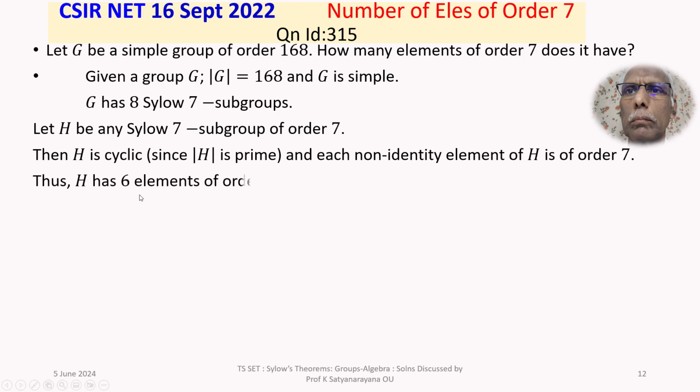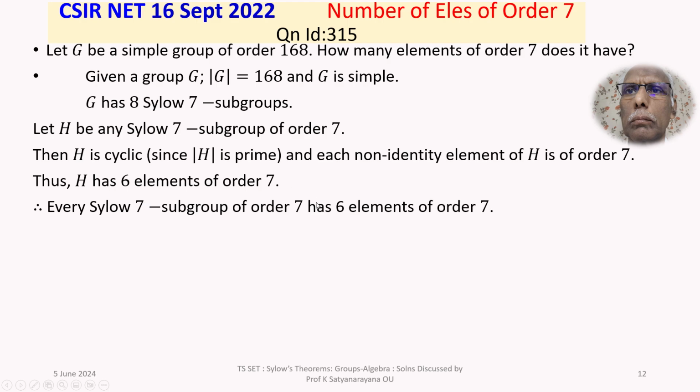Thus H has 6 elements of order 7. Every Sylow 7 subgroup has 6 elements of order 7. And how many Sylow 7 subgroups do we have? 8. So 8 into 6, that is 48, is our answer.